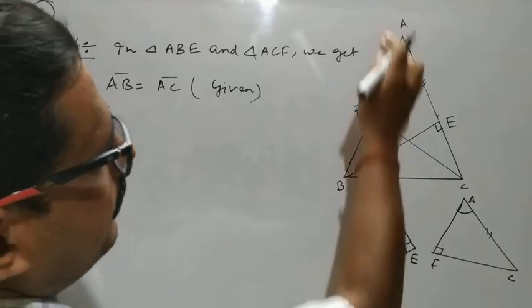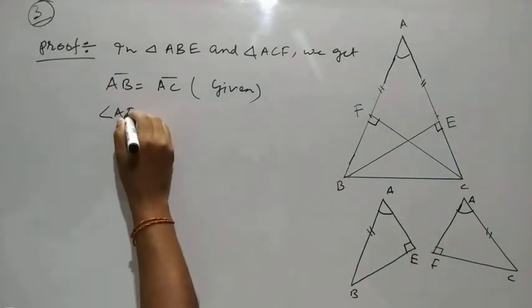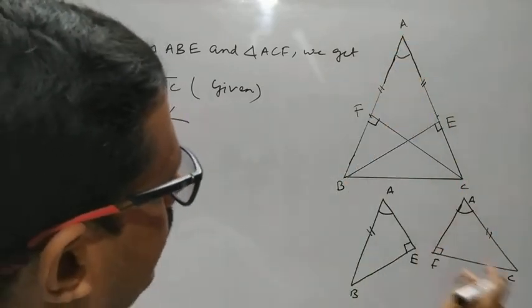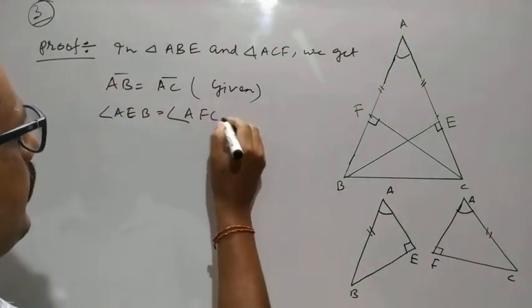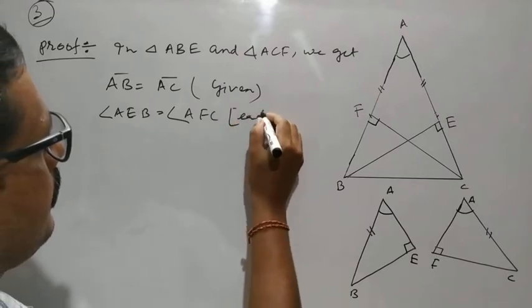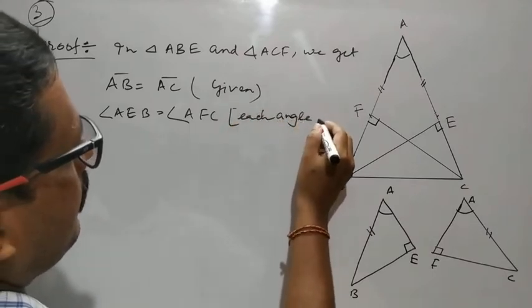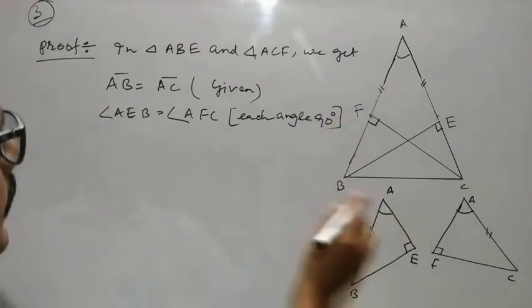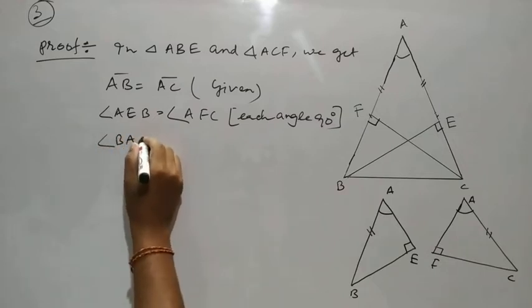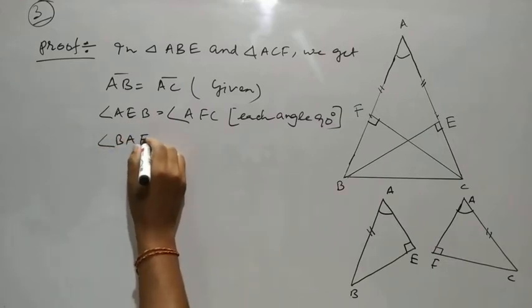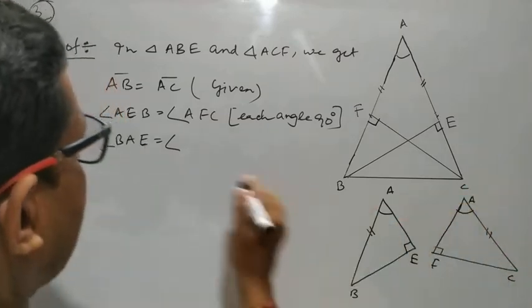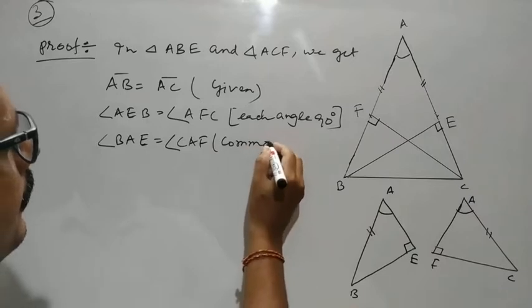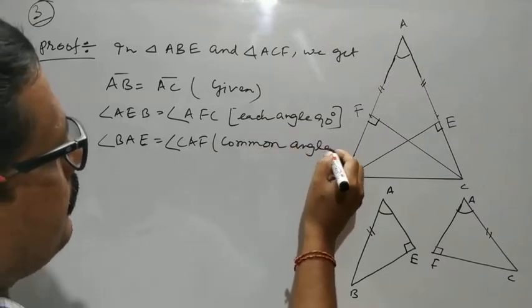Angle AEB equal to angle AFC, each angle 90 degree. Then angle BAE equal to angle CAF, common angle.